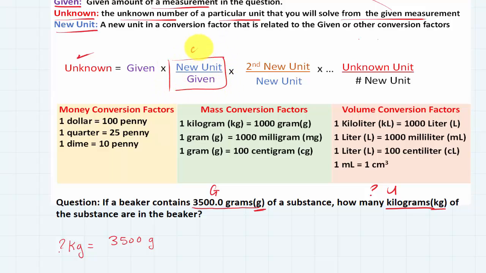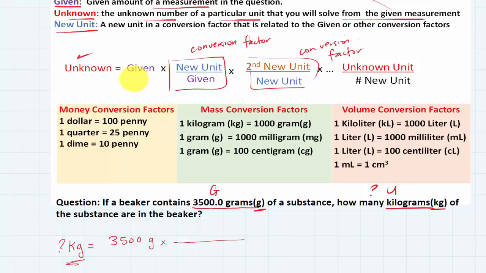These are the conversion factors. And we continue to multiply as many conversion factors as we need until we get the unit kilograms of our unknown. If we look at the systematic approach, it is all relative to the unit.